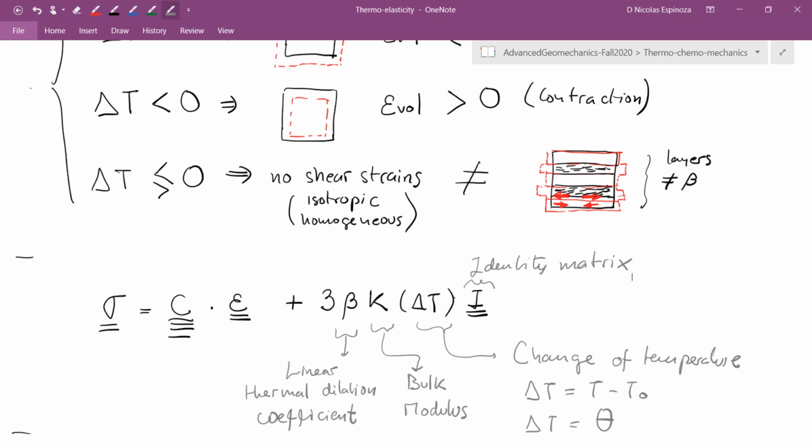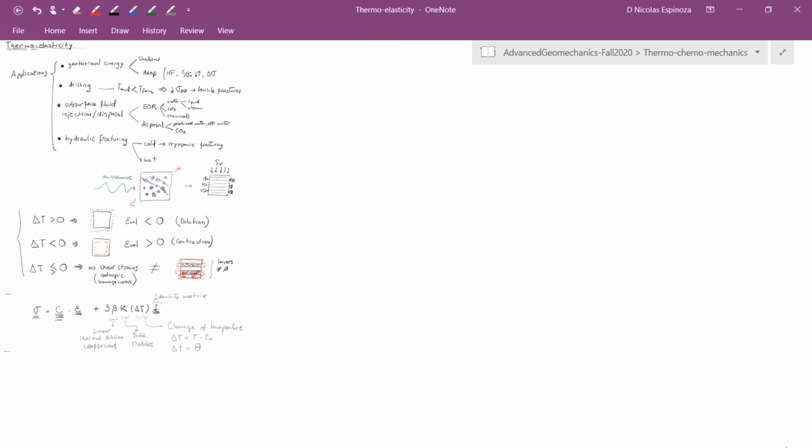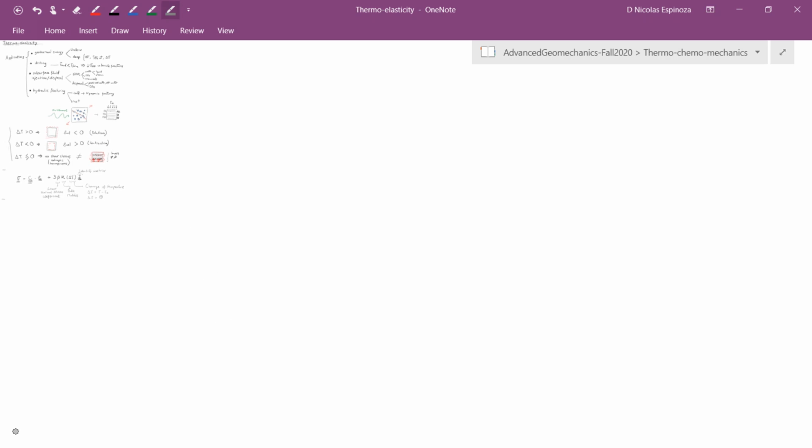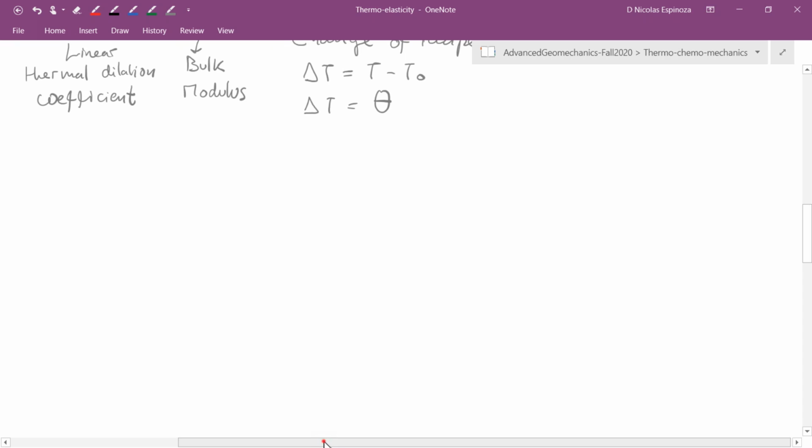And this is what we're going to do right now. So the first thing we're going to do is write the equation and do a thought experiment of unconstrained dilation.